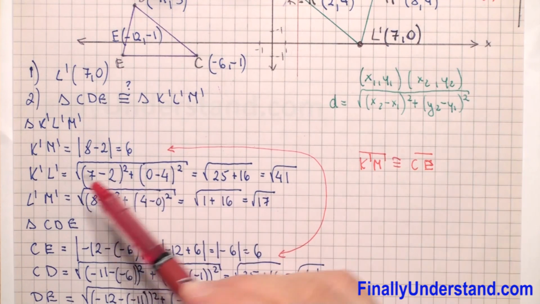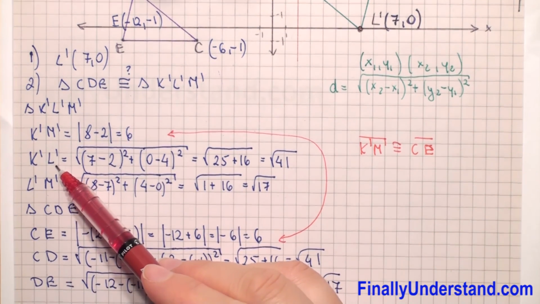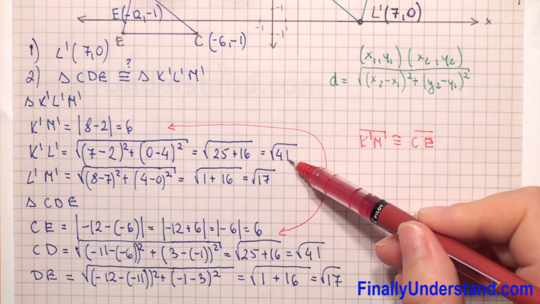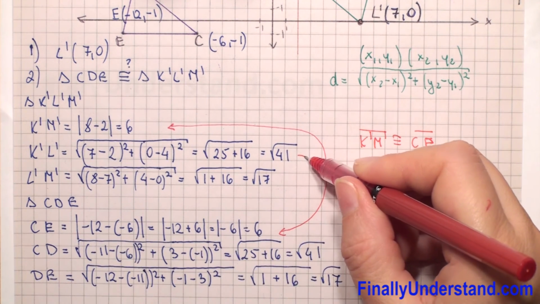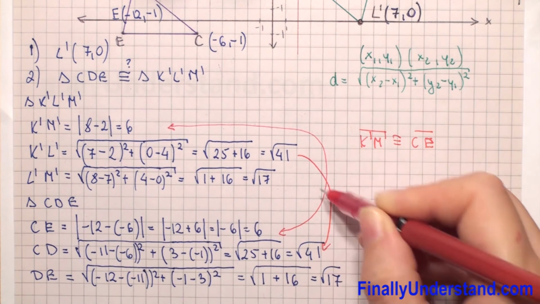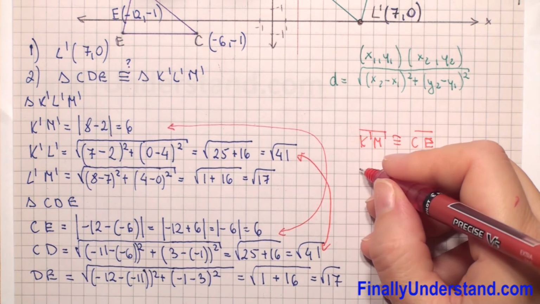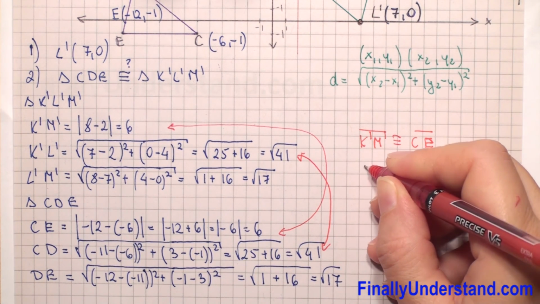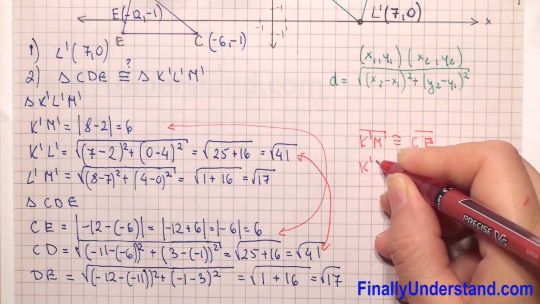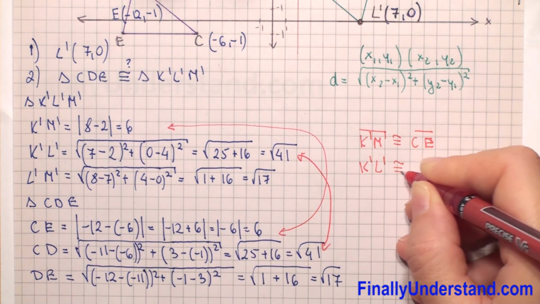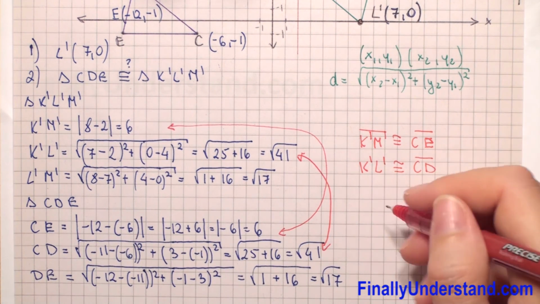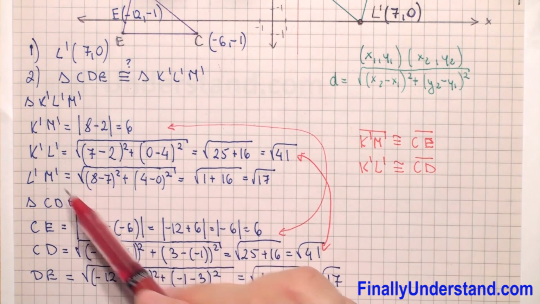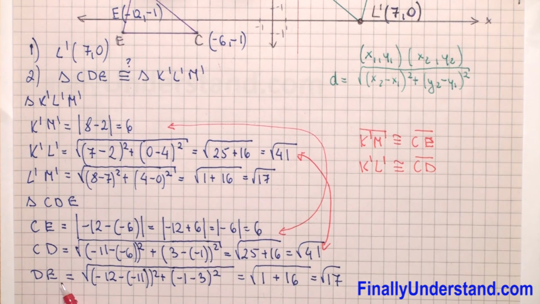We have K prime L prime is the square root of 41 and CD is the square root of 41. So these two sides are also congruent. So we have side K prime L prime is congruent to side CD, and also L prime M prime is congruent to DE.